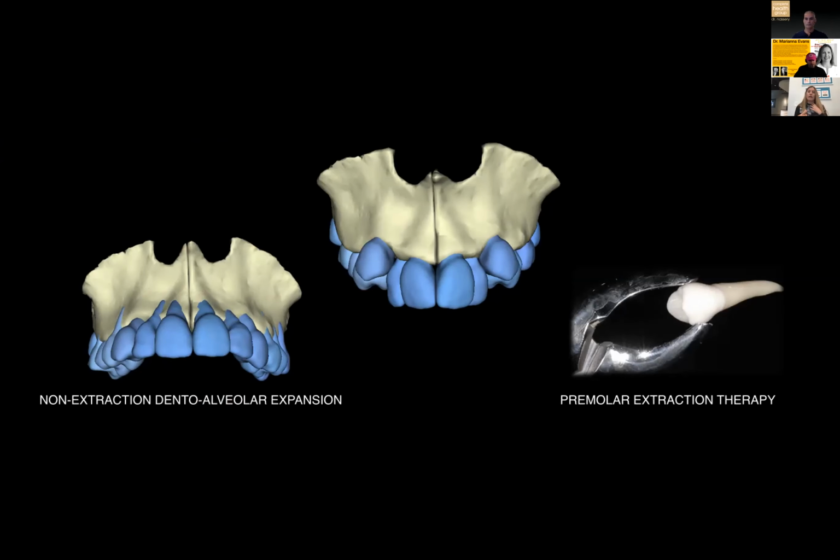A lot of times those patients are not going to get expanded when they are older, when they present to us too late, and not all of them will accept a surgical expansion option. So many of these patients will get non-extraction dental alveolar expansion with Invisalign, with braces, or when crowding is very severe, they might even be recommended for premolar extractions.